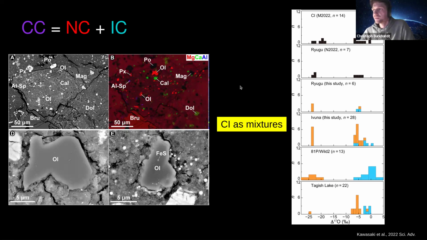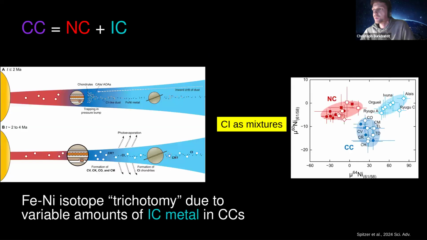And if we understand CIs as mixtures, then we might also explain the potential trichotomy that is seen when we look at iron and nickel isotope anomalies. What is shown here is that CI chondrites and Ryugu samples seem to define a third field next to the NC and CC fields.